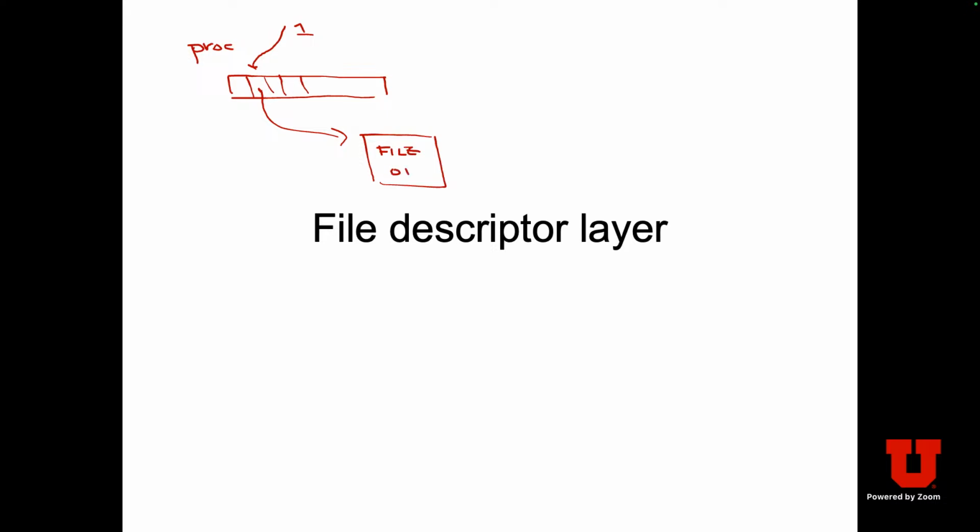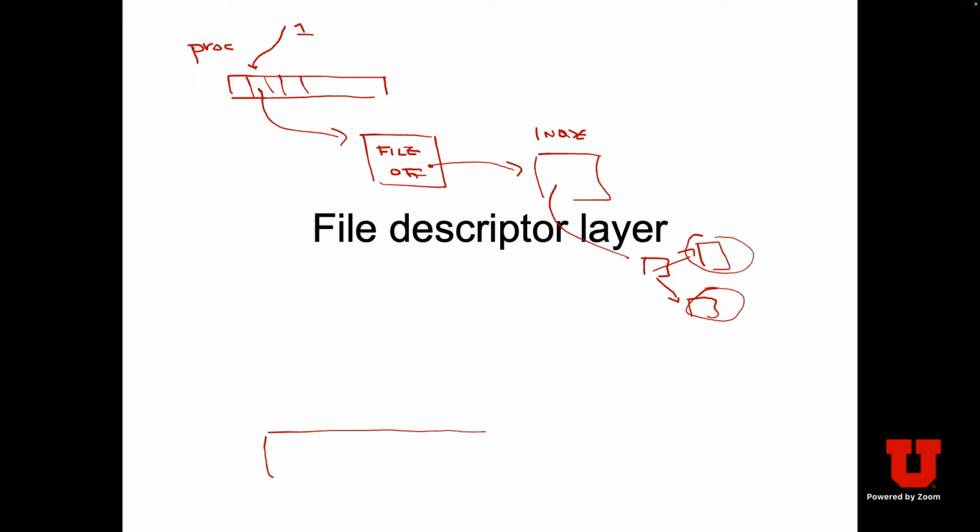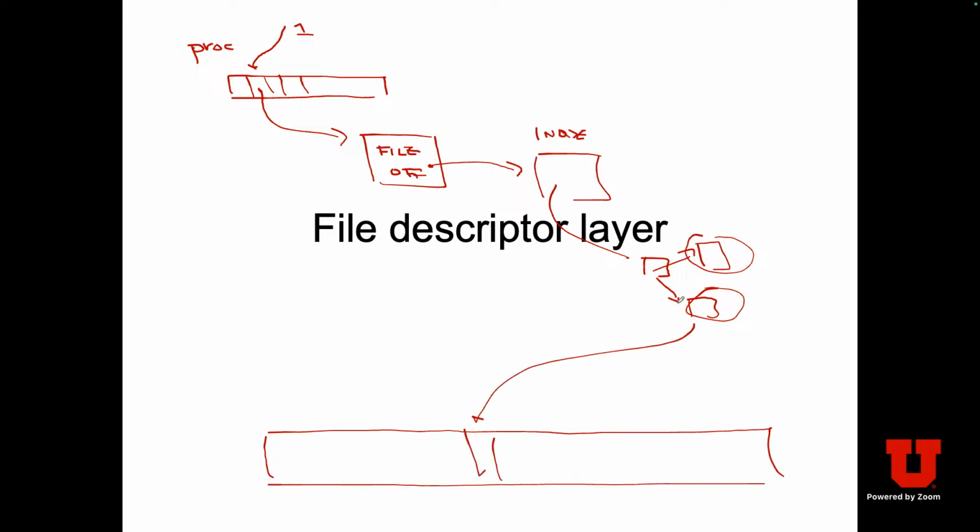File has an offset, has a pointer to an inode potentially, right? And inode has enough information to translate where the files are on disk, right? And those blocks can essentially be anywhere on disk, although this file is logically continuous, so essentially number 1, 0, and so on, right?